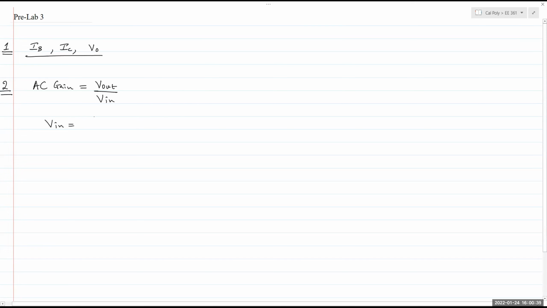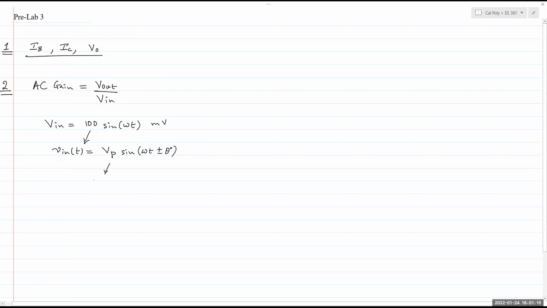V in is given to us as 100 millivolts sine omega t. If you remember from EE201 and you compare this to the standard expression for a time varying sinusoidal waveform, V in as a time varying waveform is given by the peak value or magnitude Vp sine omega t plus or minus theta.